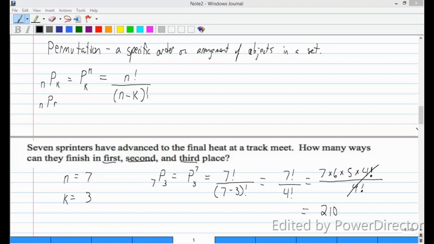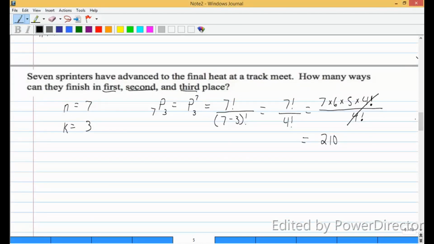All right. Whenever you have duplicated objects or items, so we wouldn't be talking about people because you can't duplicate people, right? But let's say that we had a big group of books and some of them were the same, but we were still wanting to know how many ways could we arrange those books. Then you have to use a different formula, and it is one for distinguishable permutations.